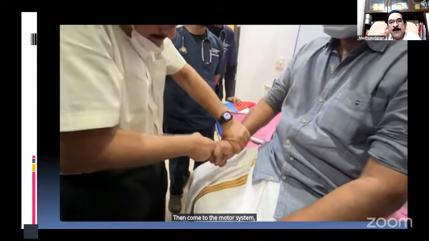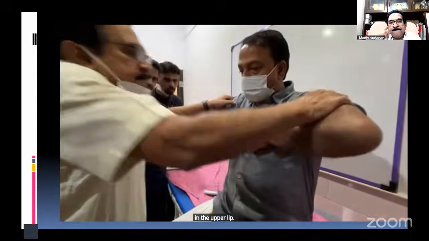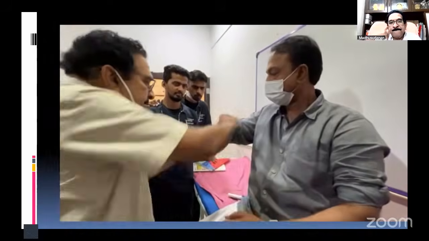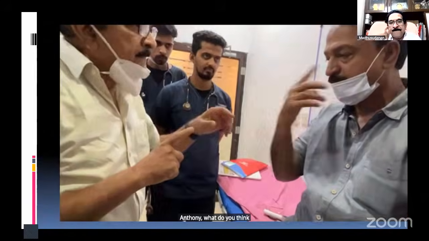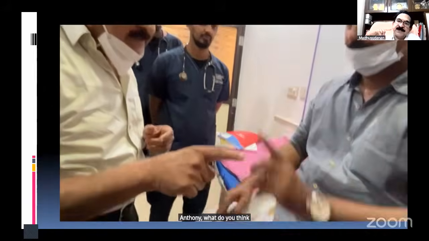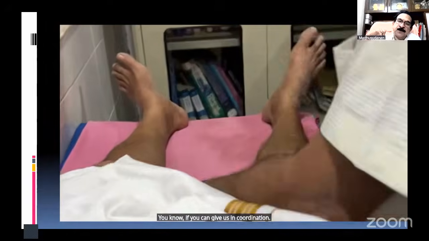Tone and power are all normal in the upper limb. No finger-nose incoordination. Lower limb tone is normal.